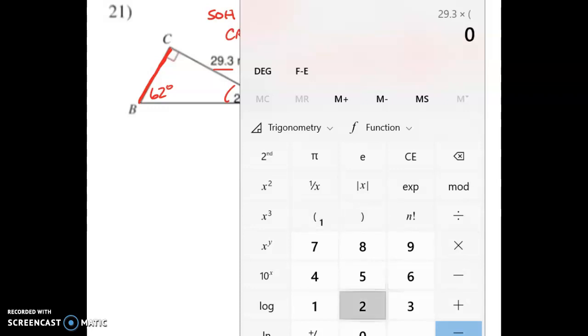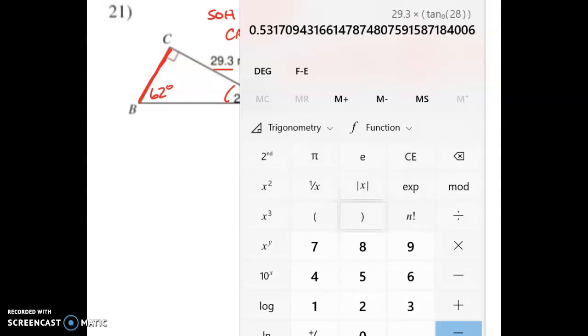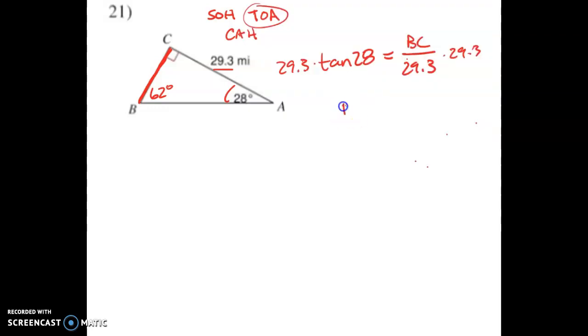So parenthesis, enter your angle first, take the tangent of that thing, close your parenthesis, check up here in your calculator syntax to make sure that you're actually doing what you want to do. 29.3 times the tangent of 28, that's exactly what I want. Hit equals, and I get about 15.58. And that's an estimate. So there's my BC.